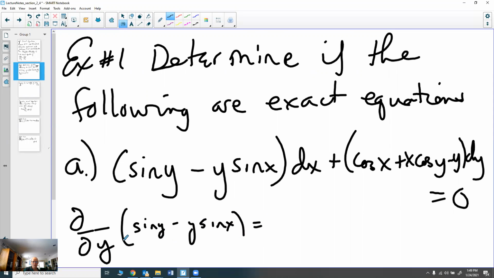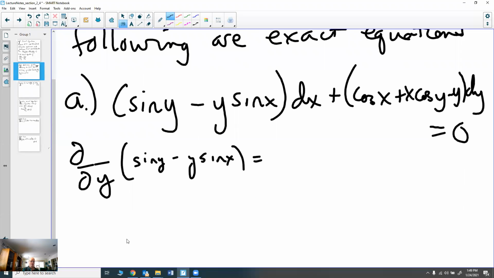Now, if you don't know what a partial derivative is, it's not a big deal. Well, it is a big deal, but not for you right now. We can do this. We're just going to pretend the other variables are constants. Y is the only variable I'm dealing with. You'll get more into partial derivatives in other classes, but for this class, all we think about right now is that the partial derivative with respect to y means y is my variable and everything else is a constant.